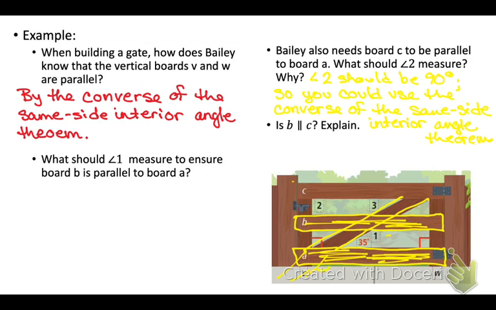Wouldn't angle 1 and 35 have to equal 180 because of the straight line? Yeah. Angle 1 and angle 35 have to be supplementary because of, again, the same side interior angle theorem, right? So angle 1 would need to be 180 minus 35. So I'm pretty sure that's 145.